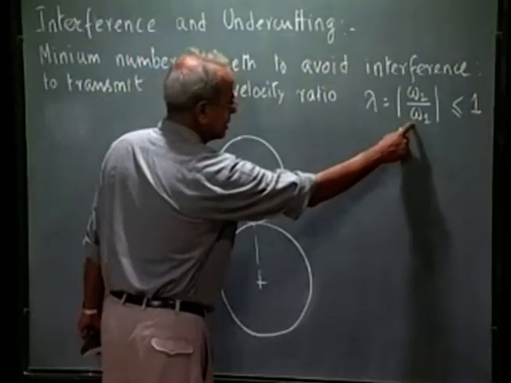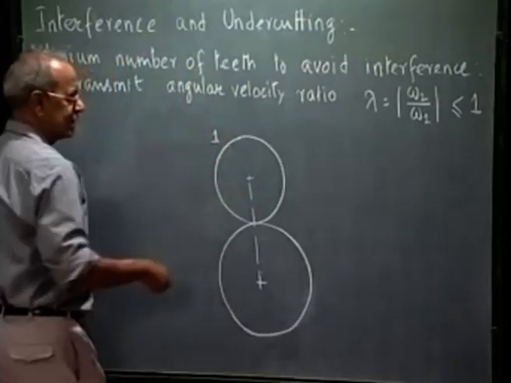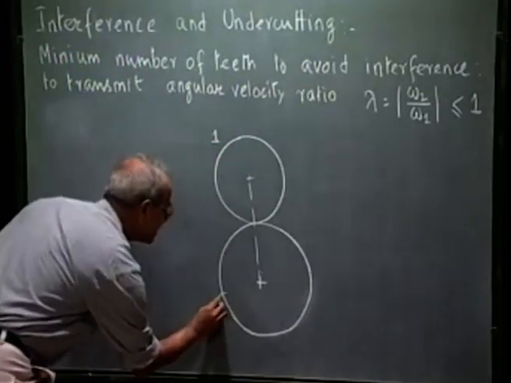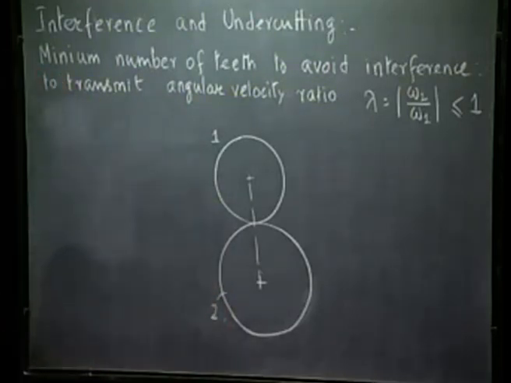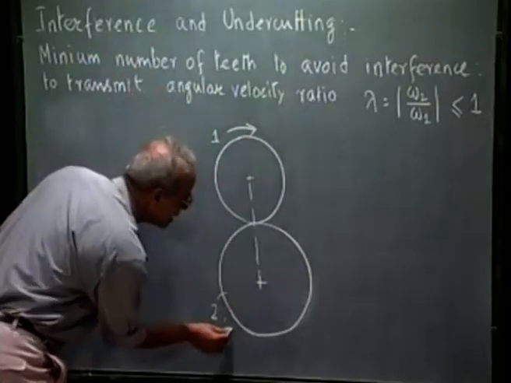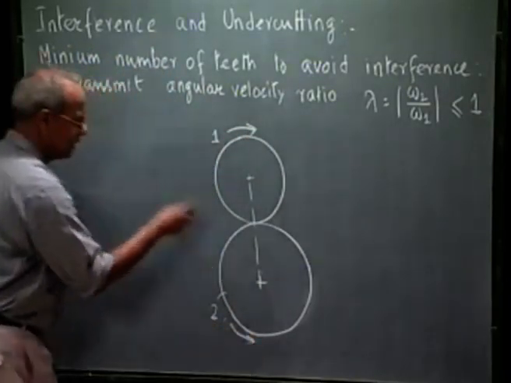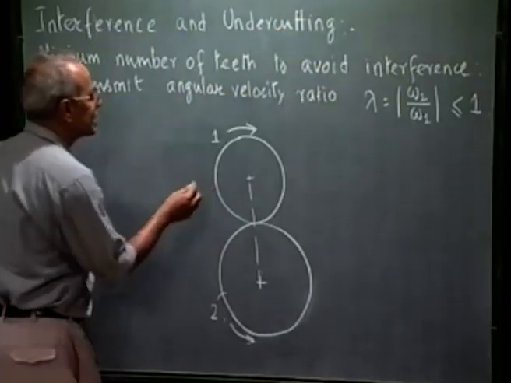Omega 1 is the higher speed. So, this is gear 1 which rotates at a faster speed, and this is gear 2 which is rotating at a slower speed. Suppose this gear is rotating this way and this gear is rotating this way. These are the pitch circles. Now, let me draw the two base circles.